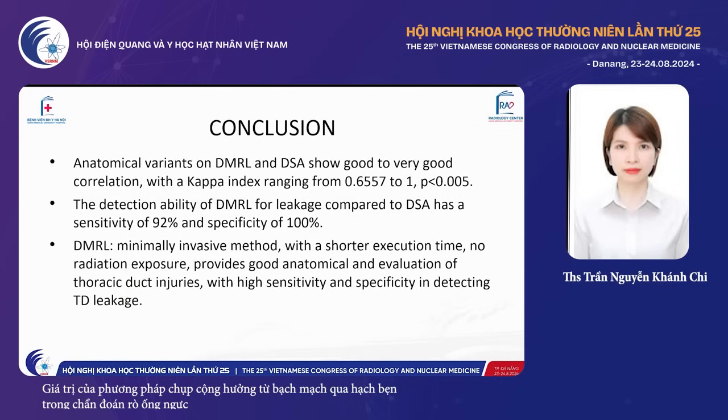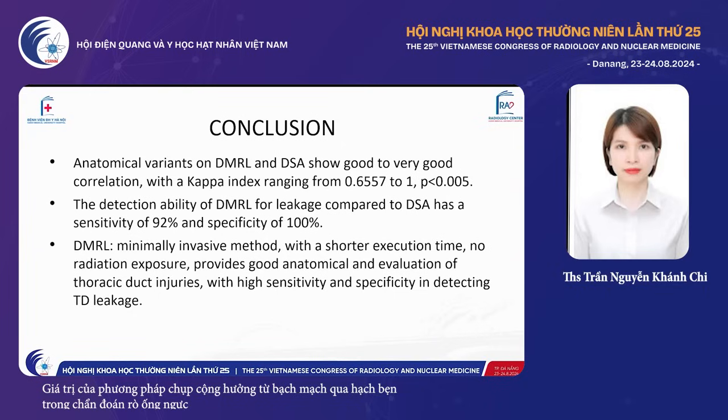Based on the research results, we draw the following conclusions. In anatomical assessment, MRI shows a good to very good correlation with DSA. Regarding the detection ability for leakage compared to DSA, MRI has a sensitivity of 92% and a specificity of 100%.